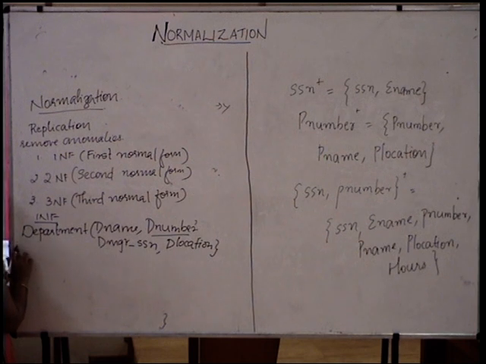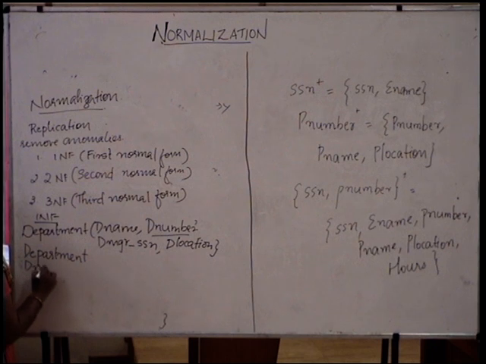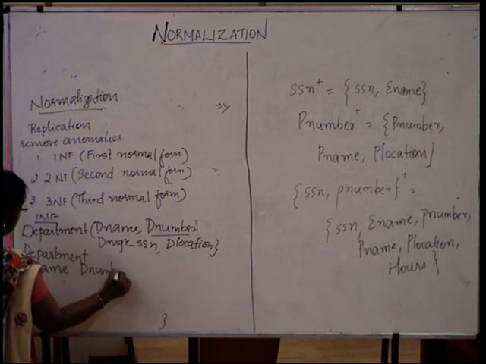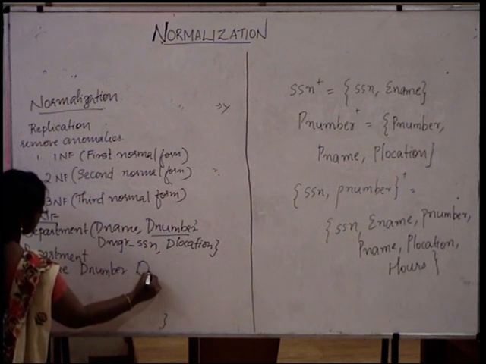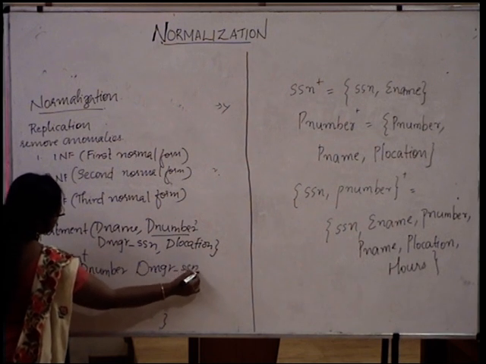And the table is given as department: D name, D number, D manager SSN, D location.